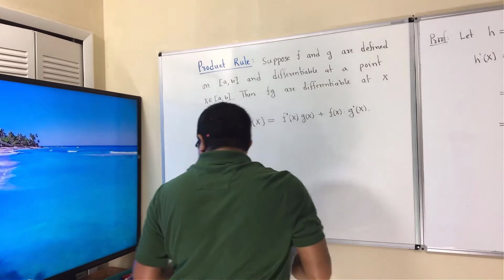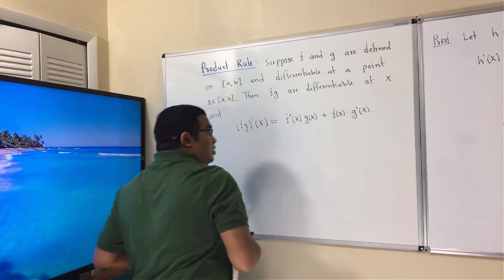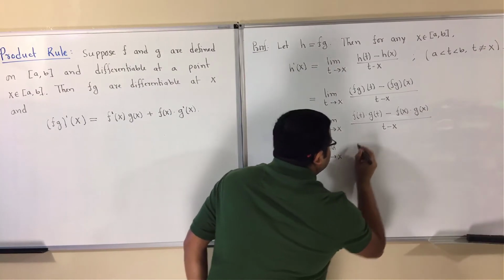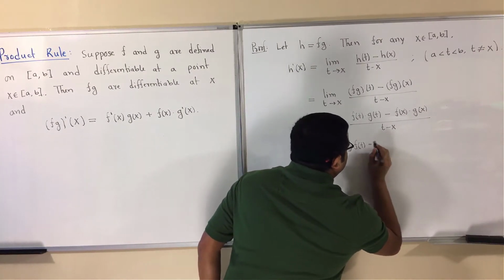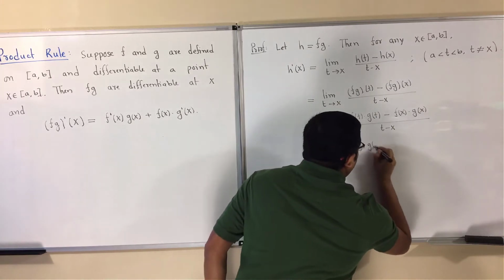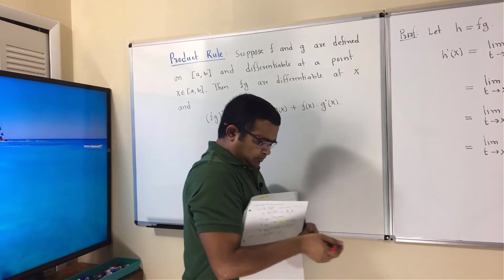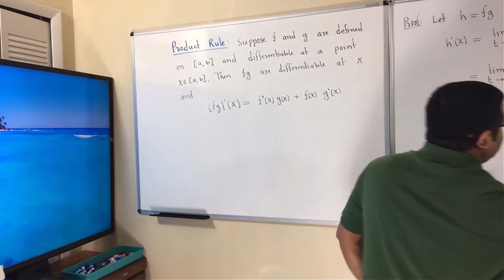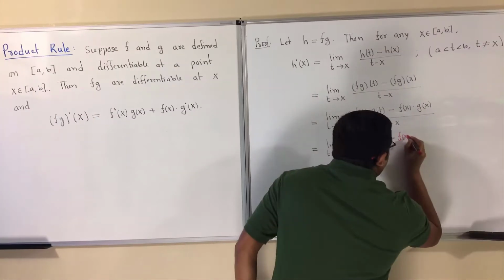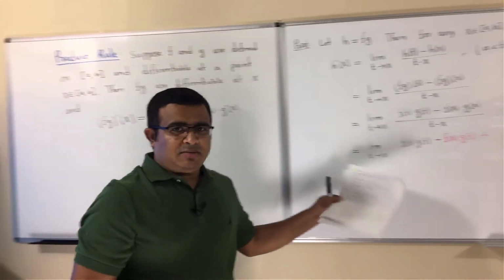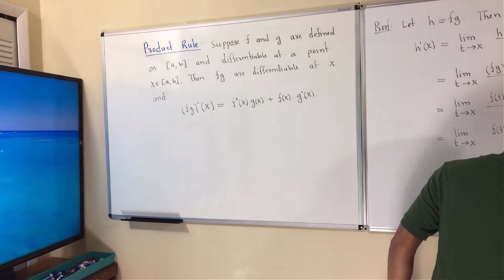Now what we will do, so limit of t approaches x, f of t times g of t minus, we will subtract first f of x g of t, then we will add the same term f of x g of t.